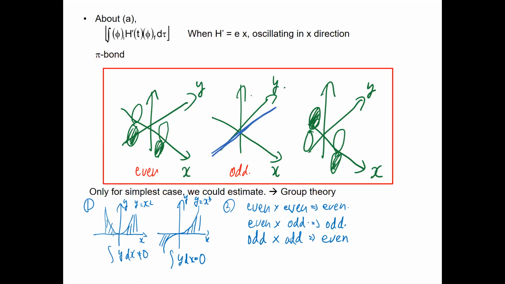And then this anti-bonding orbital looks like an odd function. So by multiplying these three, even times odd becomes an odd function, and odd function times odd function is going to be an even function, right? So it means this integral has some value, meaning that this transition is possible.